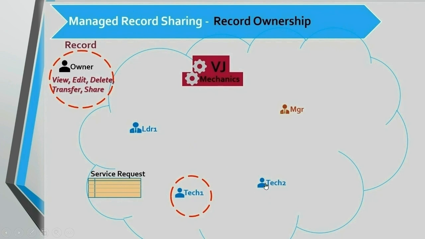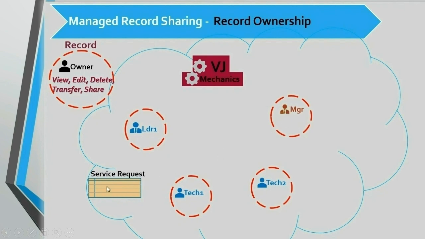In the same way, if Tech2 creates a record, for his record he will get full access, that is ownership of that record. For those records created by LDR1, the ownership would be assigned only to LDR1. Same applies to all users. If MGR creates any record, he would become the owner of that record.